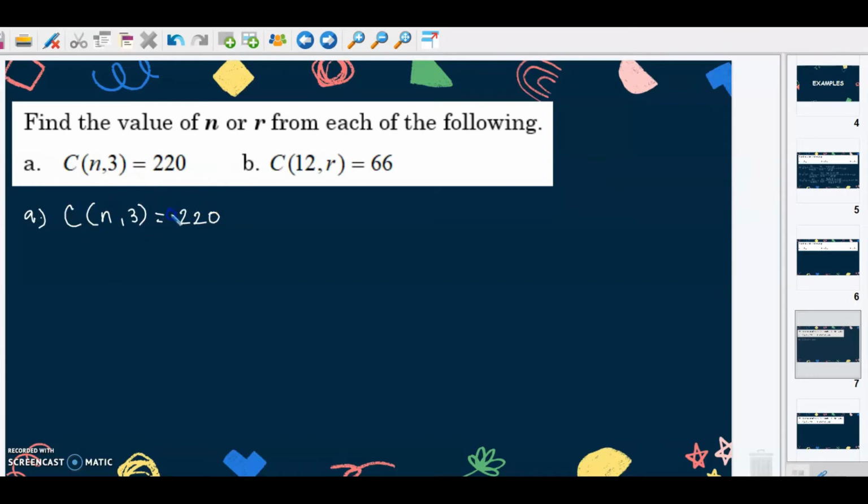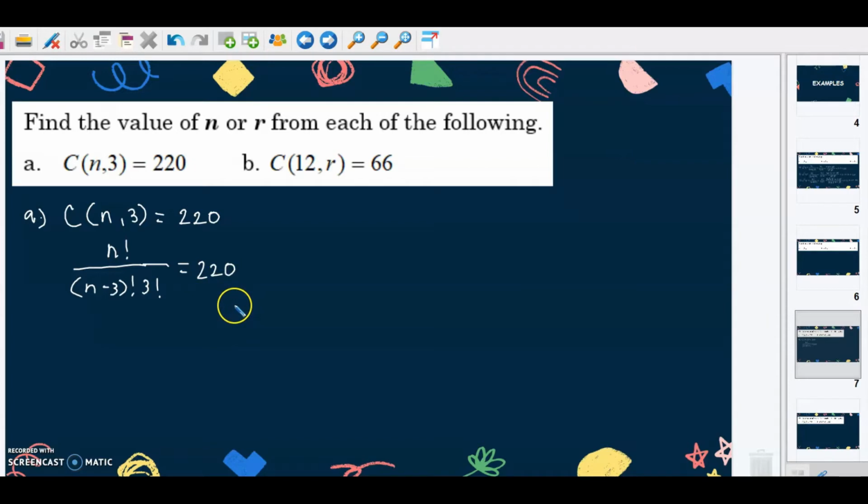So how are we going to find that? The first thing that we need to do is simplify the combination of n taken 3. Using the formula for the combination, this is just equal to n factorial over the quantity n minus 3 factorial, 3 factorial. And this is equal to 220.